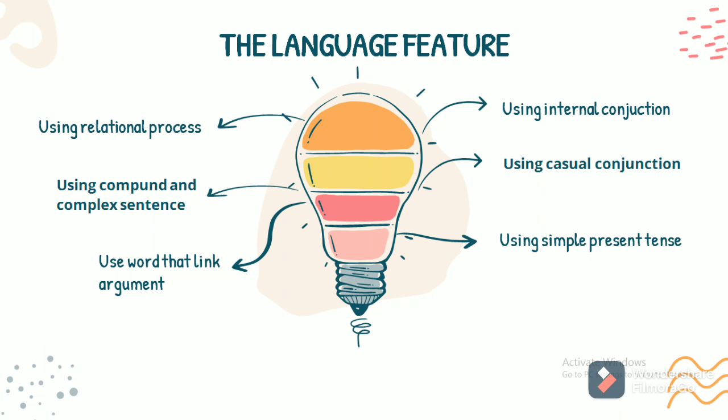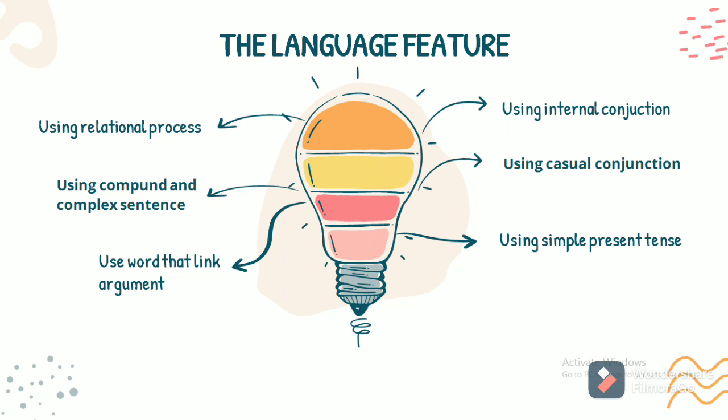Next, the fifth one is causal conjunction. Causal conjunction is used in explaining a reason and why. The examples are although, because, due to, so, consequently, in case, in order, and etc. And next, the last one is using simple present tense.